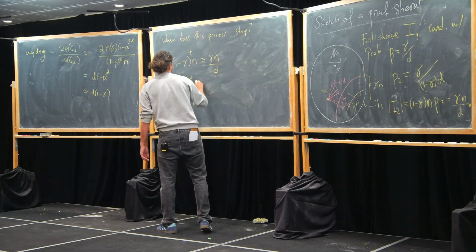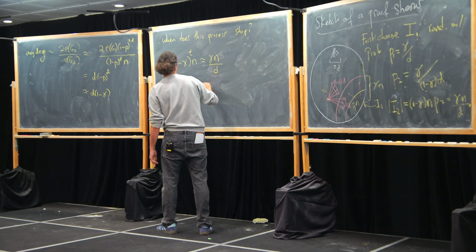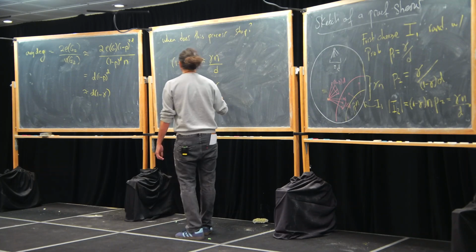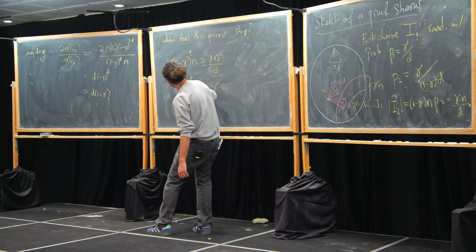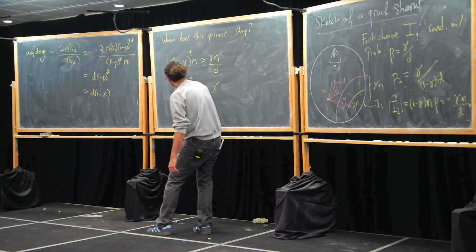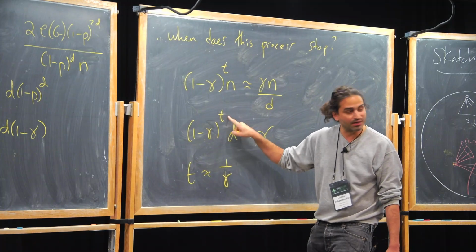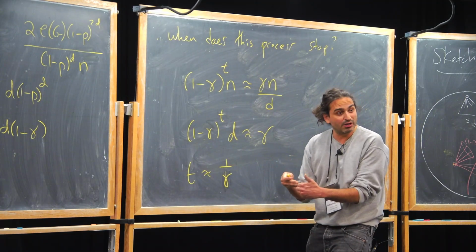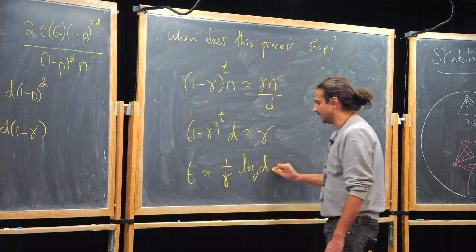This gamma is just some small constant. So if you want to solve for this, you get t. So t is going to be like 1 over gamma, right? So that's about when this is constant. But you can go a log d further because of this. So this is log d.